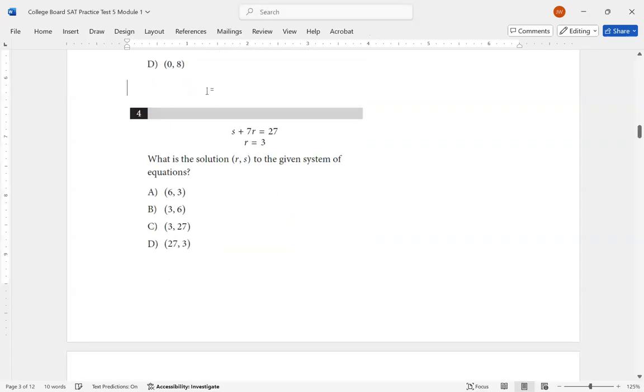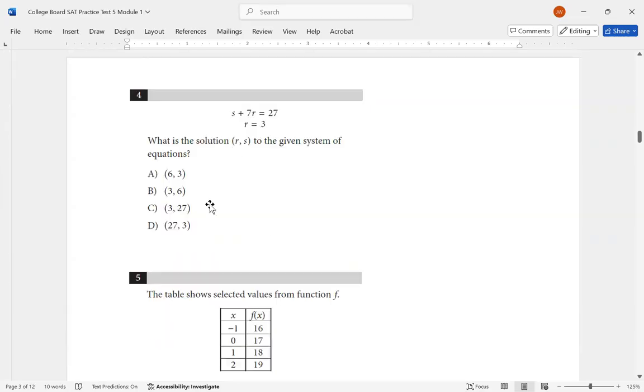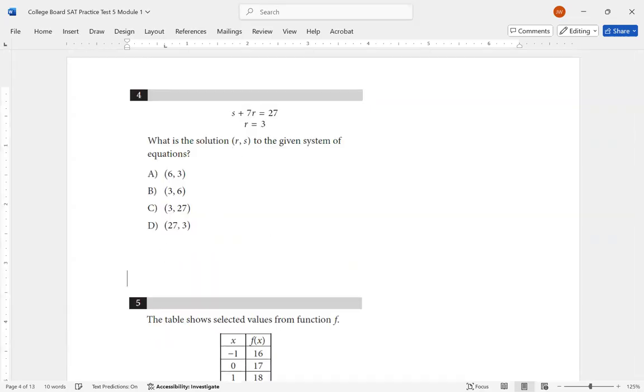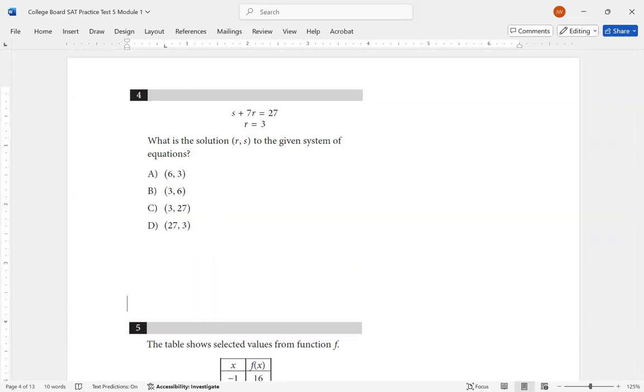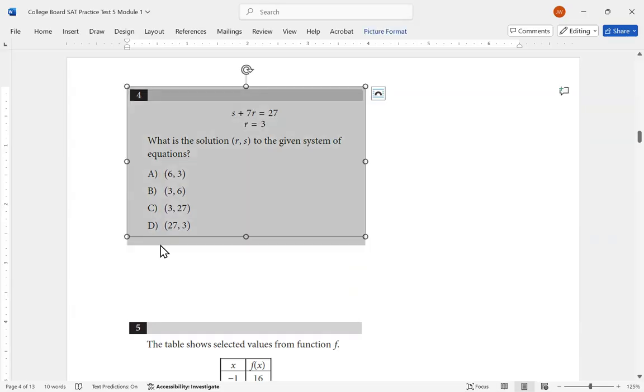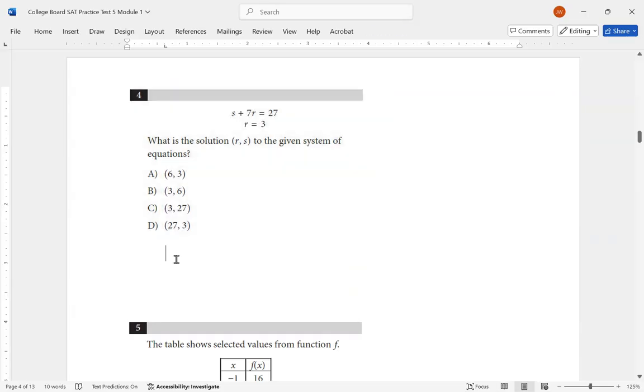Question 4 says, what is the solution R comma S to the given system of equations? There are a couple of different ways to do this, but the easy way is to see that the second equation says R is equal to 3.